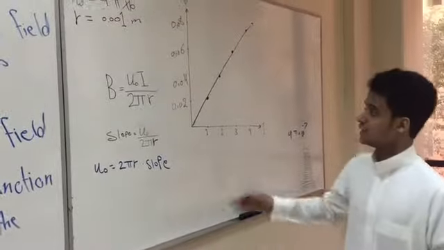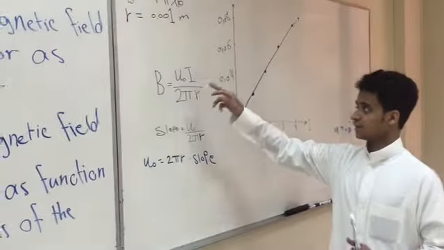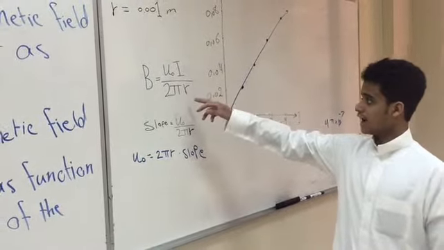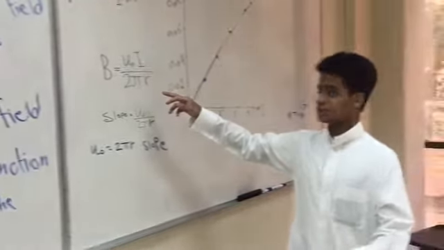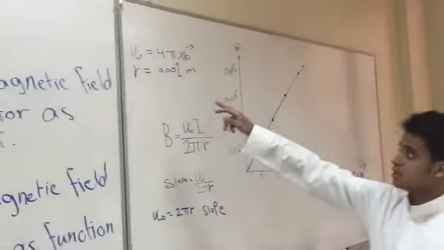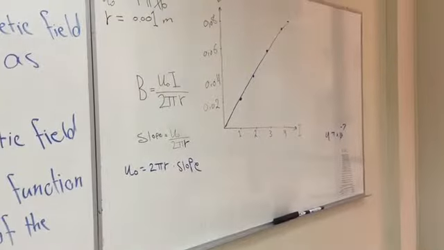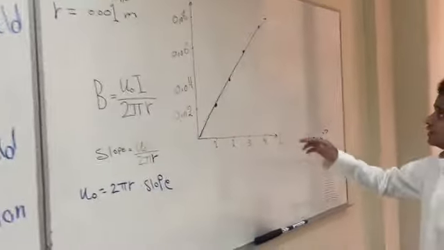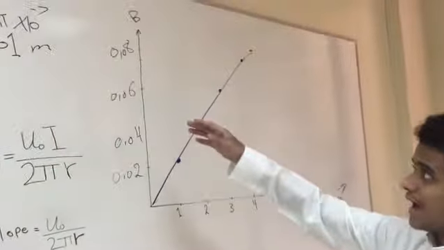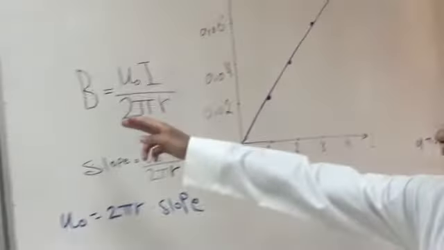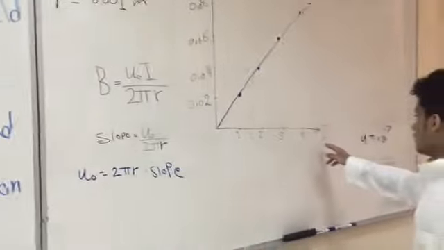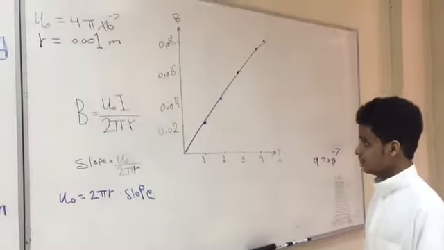If I want to study the relationship between magnetic field and current, we should make R constant, and its value is 0.001 meter. And if we see the graph, we put B on the y-axis because it is the dependent variable, and I on the x-axis.